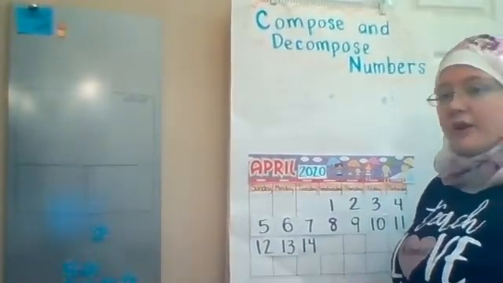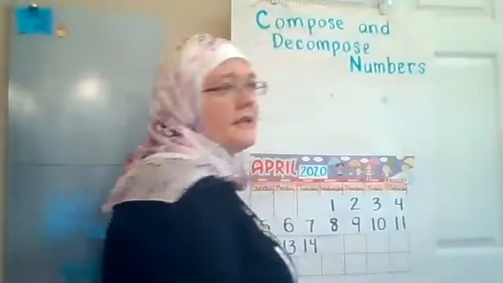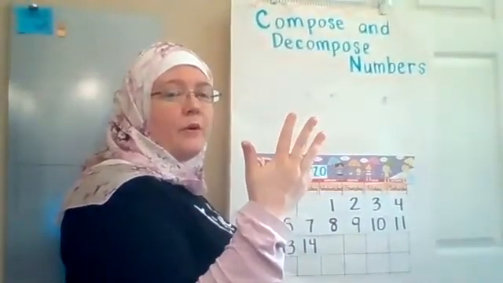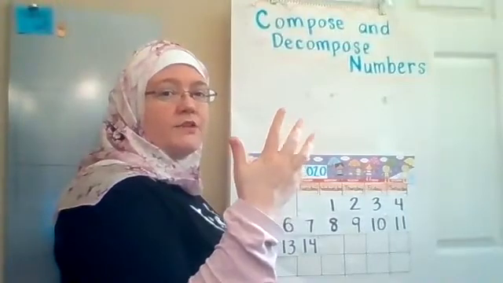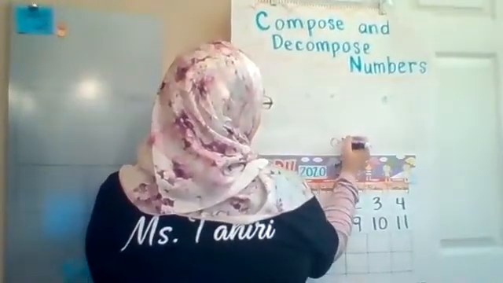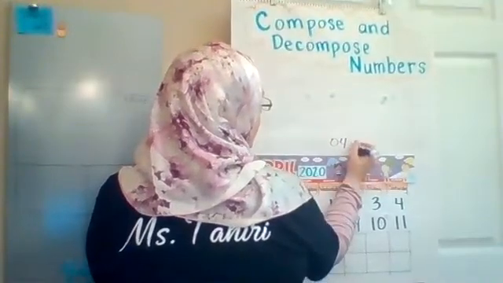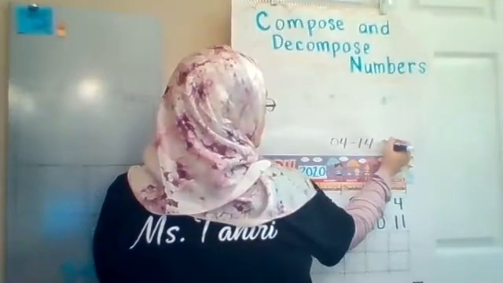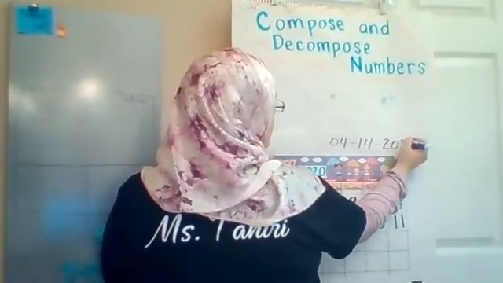And let's write that shorthand. Let's think. January, February, March, April. What month number is that? 2, 3, 4. That's right. 4, 14, 2020.